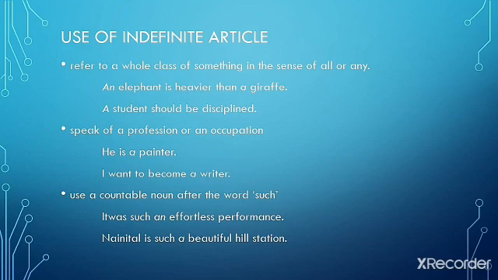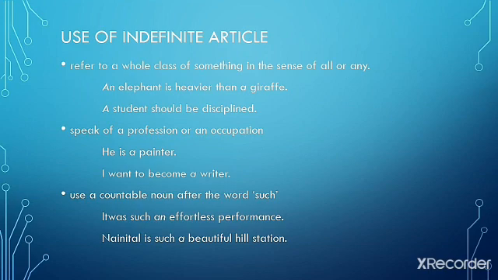Example, he is a painter. I want to become a writer. So you use indefinite articles before a profession or an occupation. To use a countable noun after the word such. Example, it was such an effortless performance. Nainital is such a beautiful hill station.